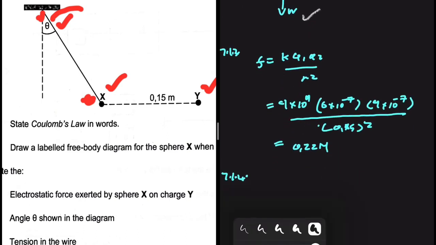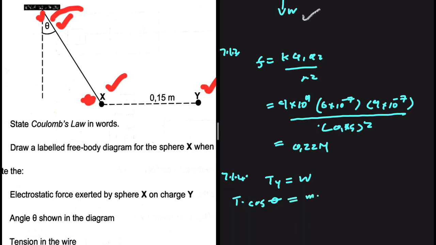So what are we saying? We're saying that Ty is equal to the weight because our sphere is stationary. What is Ty? Ty is the tension multiplied by cos of theta. If our angle was here, we would be using sine, but it is up there, so we use cos. And this is equal to the weight.